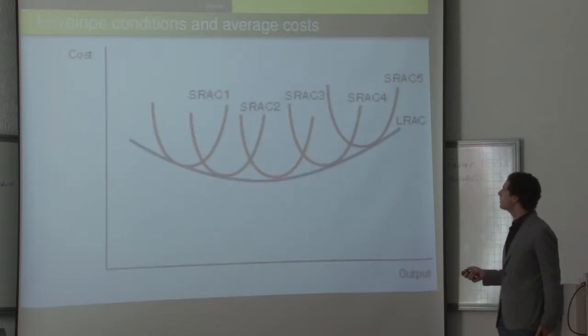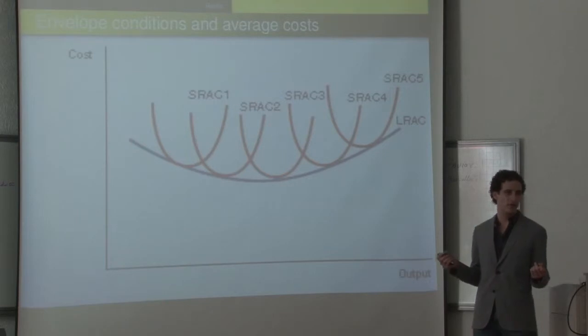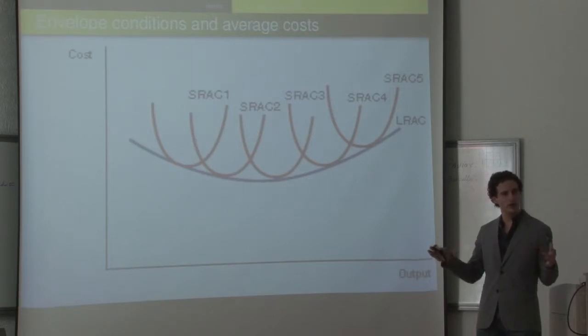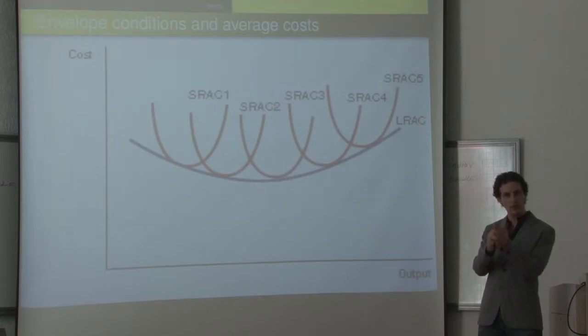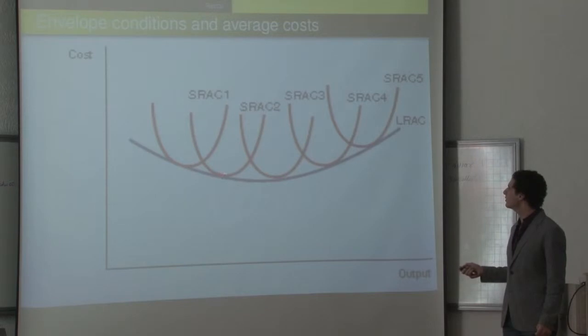So another way of showing that is this. Here you have a bunch of different short run cost curves, and each one of them at their minimum just touches the long run cost. This is what's called the envelope theorem. It says that if you've chosen things to be the best that they can possibly be for the short run that you expect, then there will be an exact equality between the short run and the long run curves at that point.